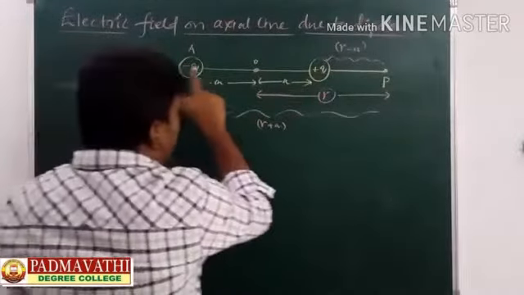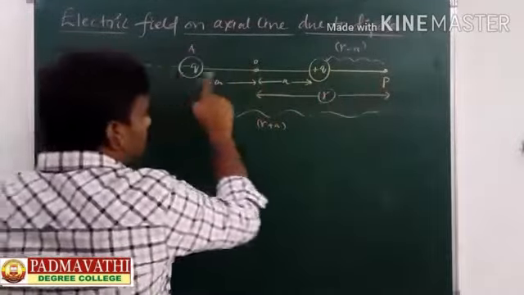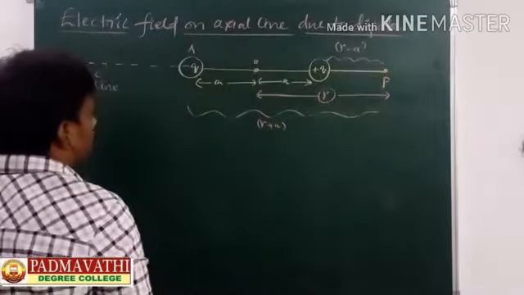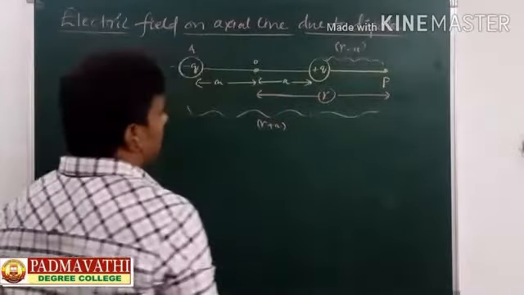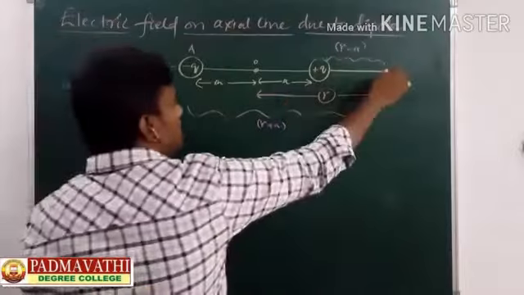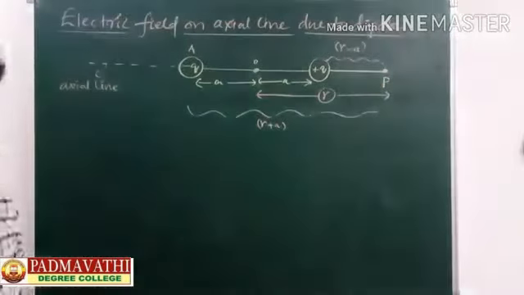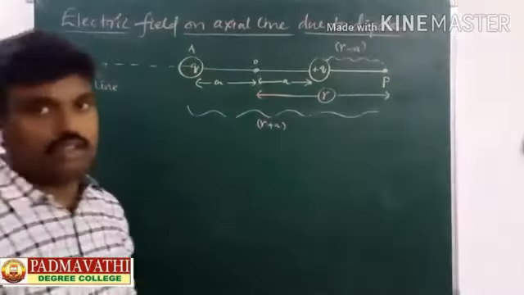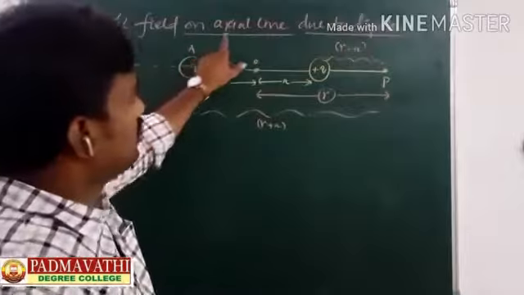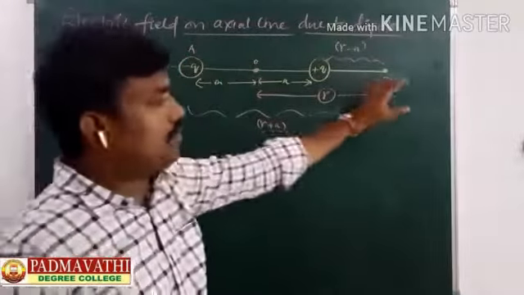And this is the axial line, the line which is passing through the two charges is called the axial line. On this axial line, I am going to choose a point P, and my intention is to determine the electric field at point P, which is on the axial line. That is nothing but the axial field I want to find at point P.